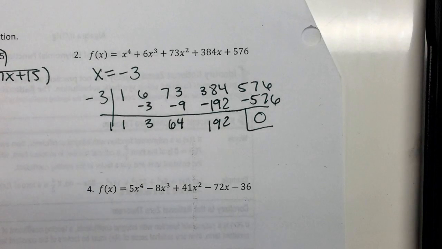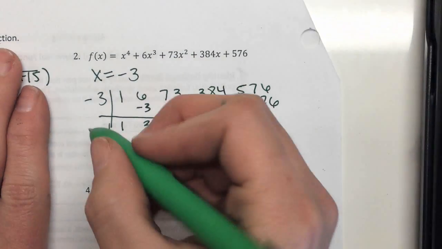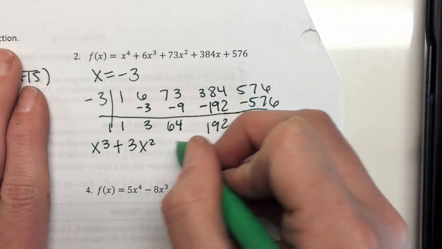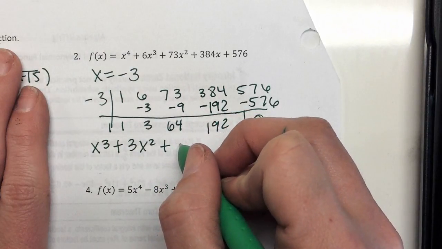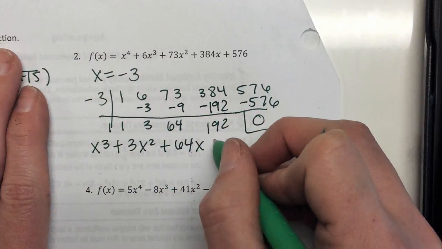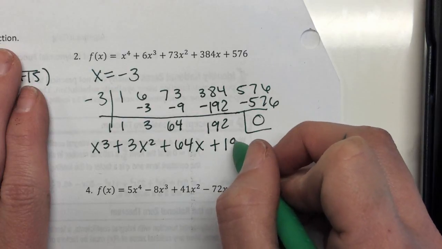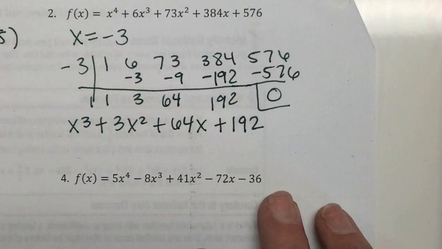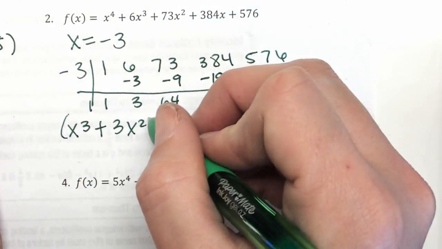All right, what do we do from here? Good. Tell me what the equation would be. Plus. And what do we do from here? Factor by what? Sweet.